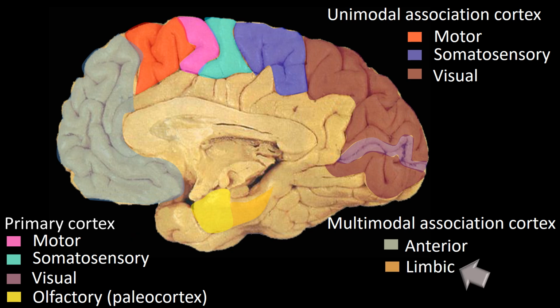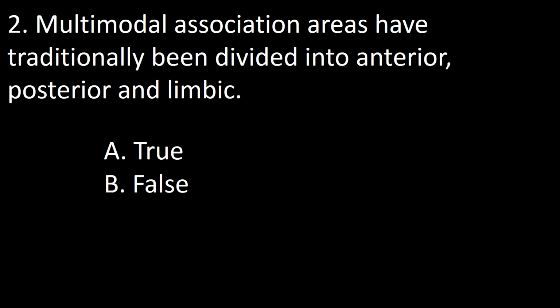The only other multimodal association area that you can see in the mesioinferior surface of the brain is the limbic multimodal association cortex. This cortex is very extensive. Its extension is indicated by the brown shaded area that you can see in this frame. So the answer to this question is true.